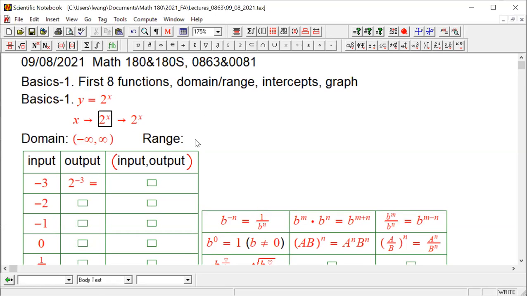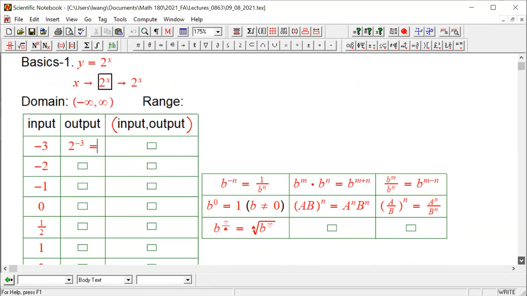The range, however, needs to be observed. So 2 to the power negative 3, what would that be equal to? I want you guys to roll up your sleeves, and now you start working on this table. Yes?